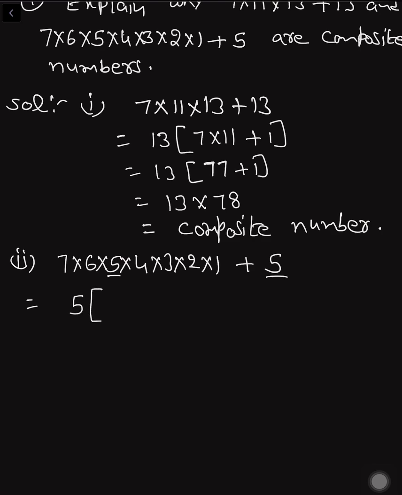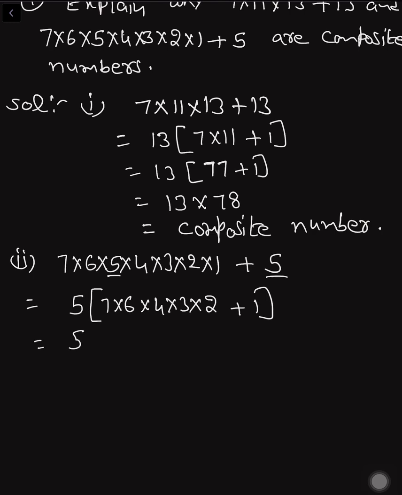So write 7 into 6 into 4 into 3 into 2 into 1, which is 2, plus 1. So the given number is a multiple of 5. So simply you can write it as a composite number.